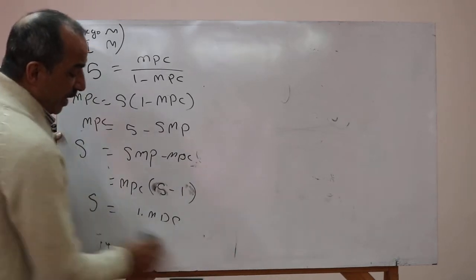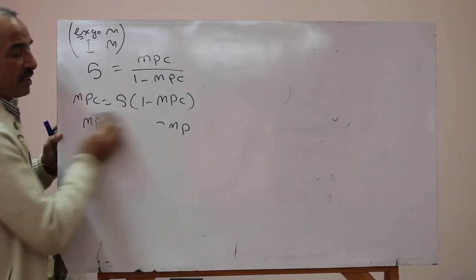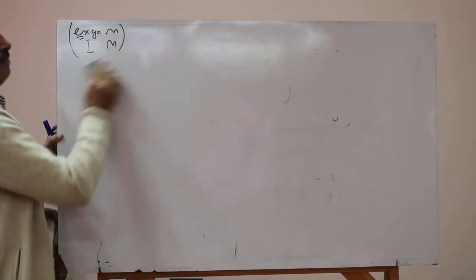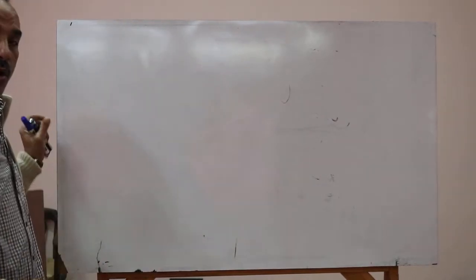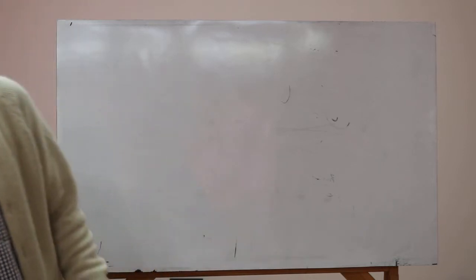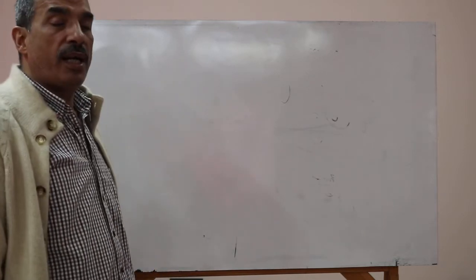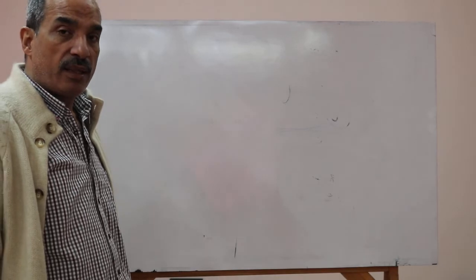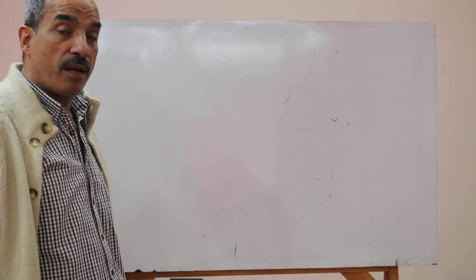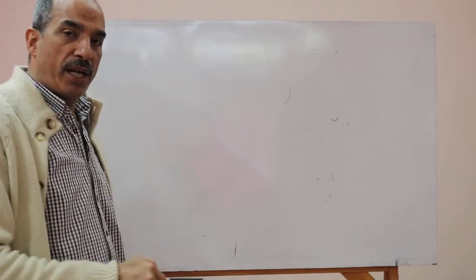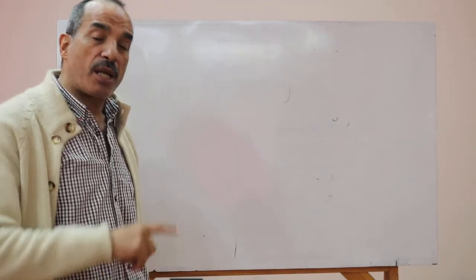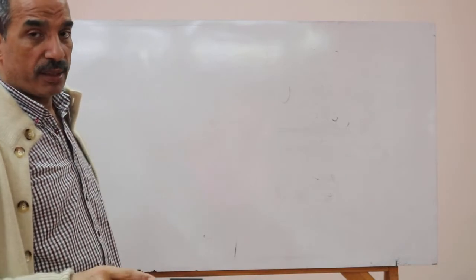The effect of the expenditure multiplier on national income is more than the effect of the tax multiplier, because the expenditure multiplier is larger than the tax multiplier.